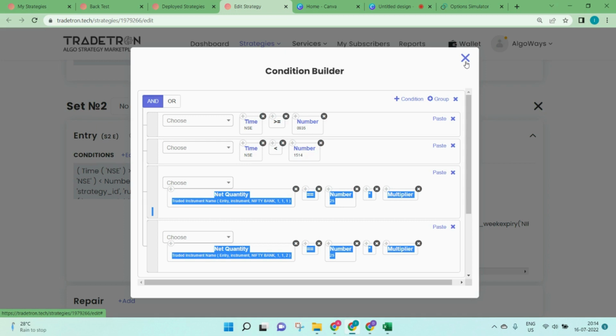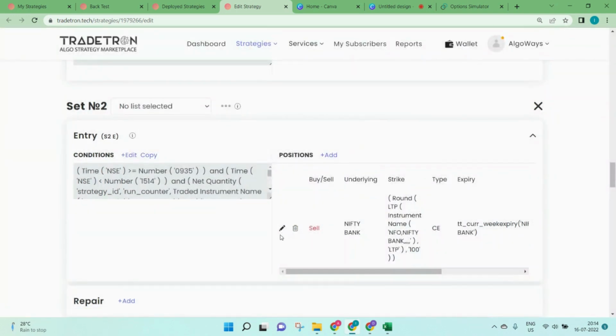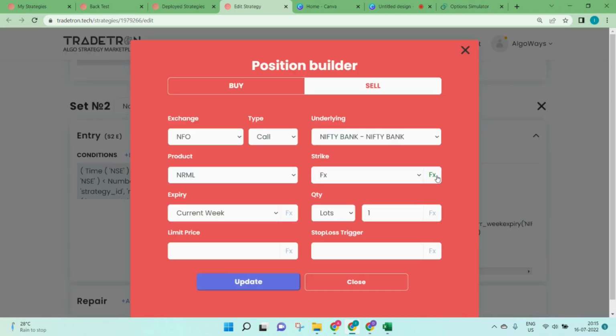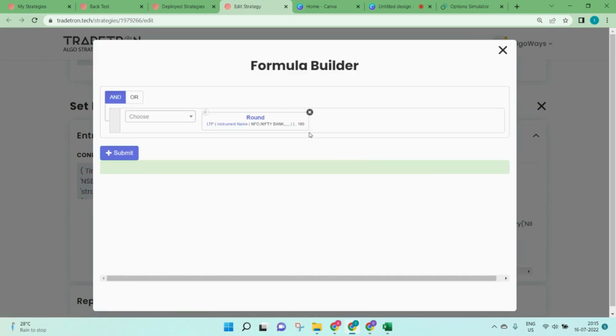So instead of putting all these 4 conditions, we can just put traded instrument 111 and 112, where 111 means call hedge and 112 means put hedge. And we sell the ATM strike. You can do it from a fine strike also by putting 0.5 delta, or you can just round, and I have rounded to 100, which is the minimum we can round off.